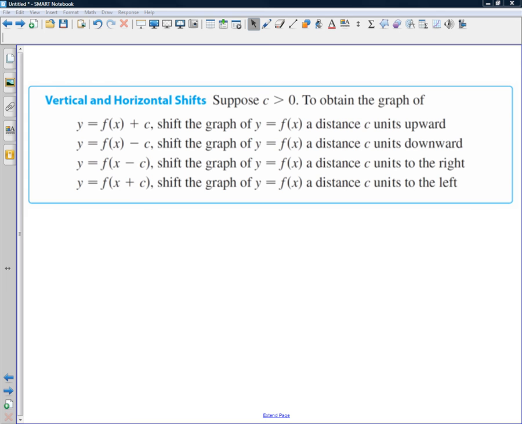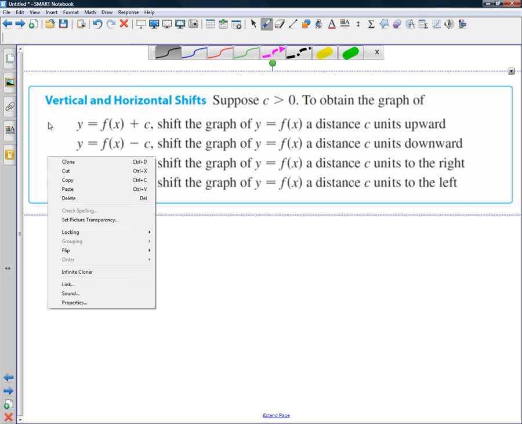On the top of page 37 in the textbook, you will see this little chart or table that summarizes all the changes that you can do to move things around, move a function around vertically, that is up down, or left right, horizontally.